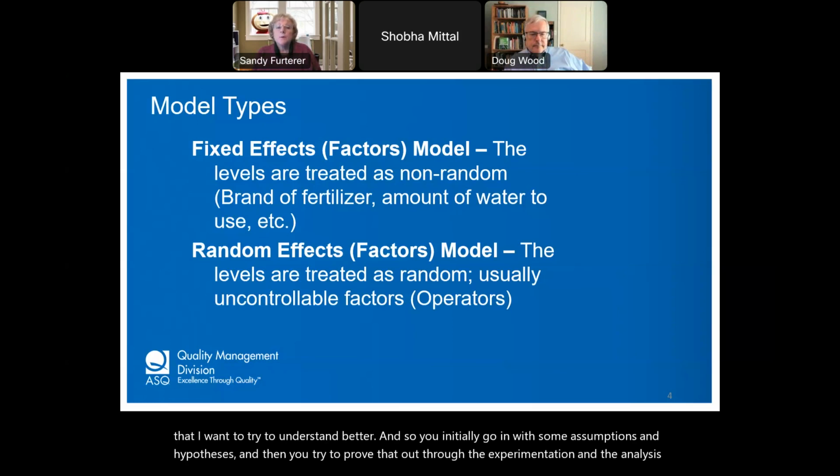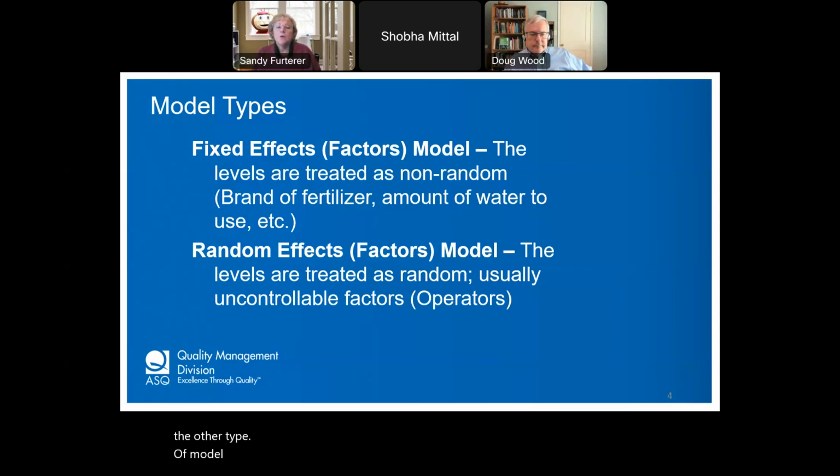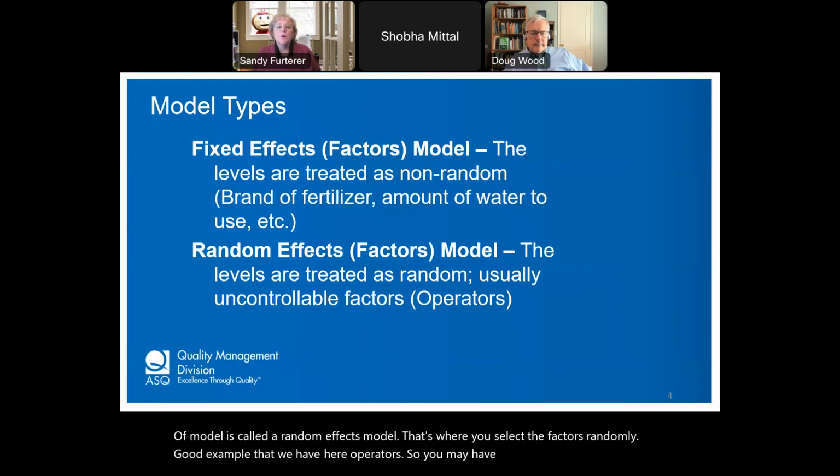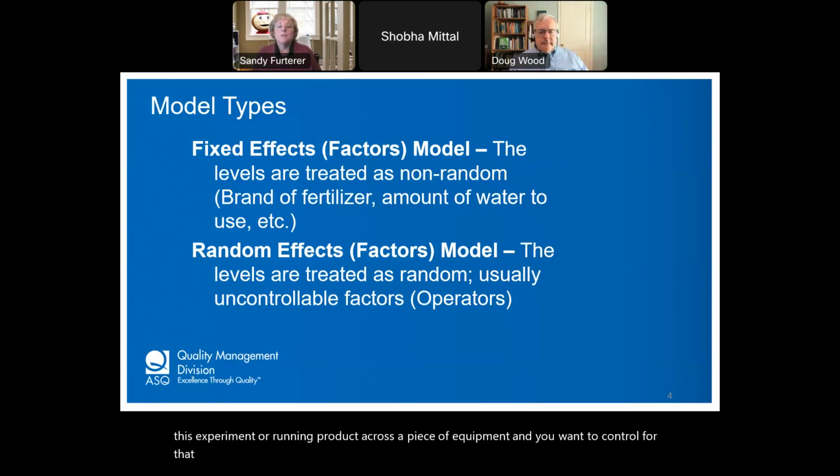The other type of model is called a random effects model. That's where you select the factors randomly. A good example that we have here is operators. So you may have several operators performing this experiment or running product across a piece of equipment, and you want to control for that, and they call it a nuisance variable.